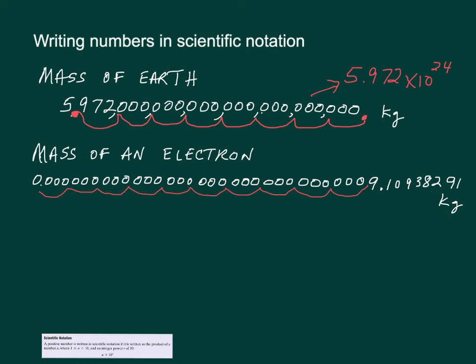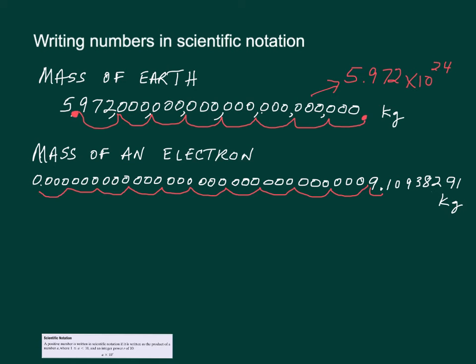We moved it 31 places to make it a number between 1 and 10. So we had to move the decimal 31 times to make this non-zero part, the 9, 1, 0, 9, 3, 8, 2, a number between 1 and 10. We moved our decimal 31 times.